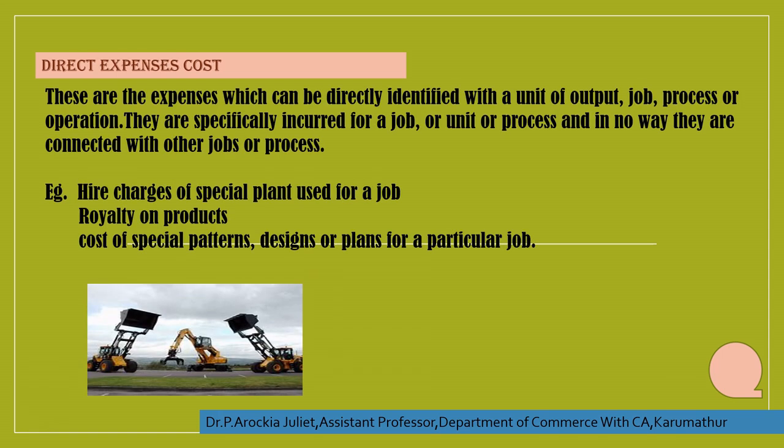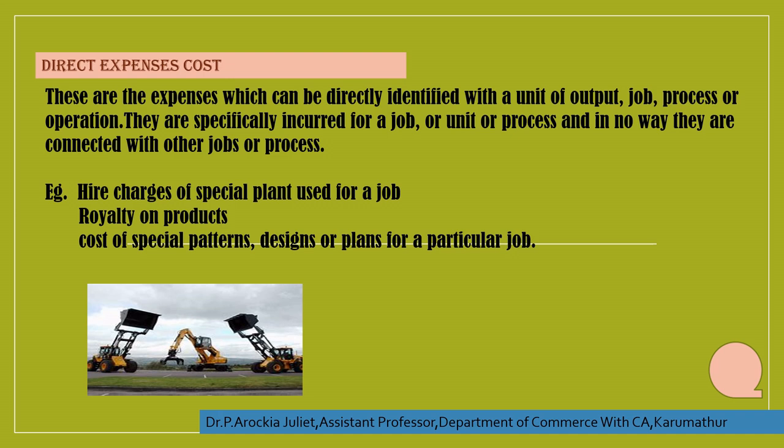Then direct expenses cost. This kind of expenditure is directly identified with a unit of output for a particular job or a particular process. They are specifically included for a particular job or unit, so they do not connect with other jobs or processes. For example, hire charges of a special plant used for a job, or royalty on product.